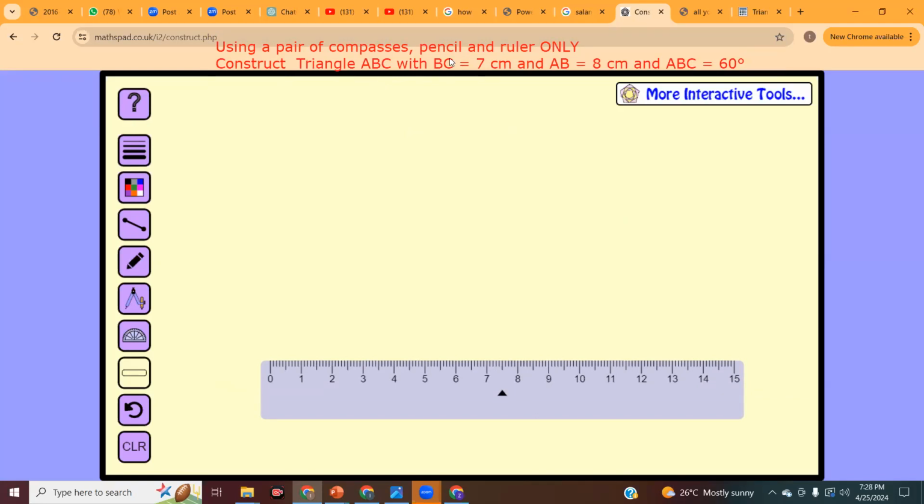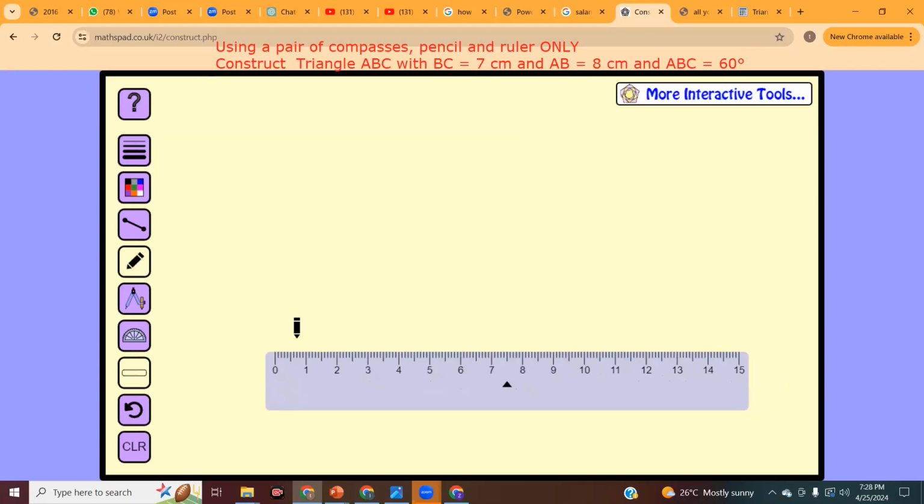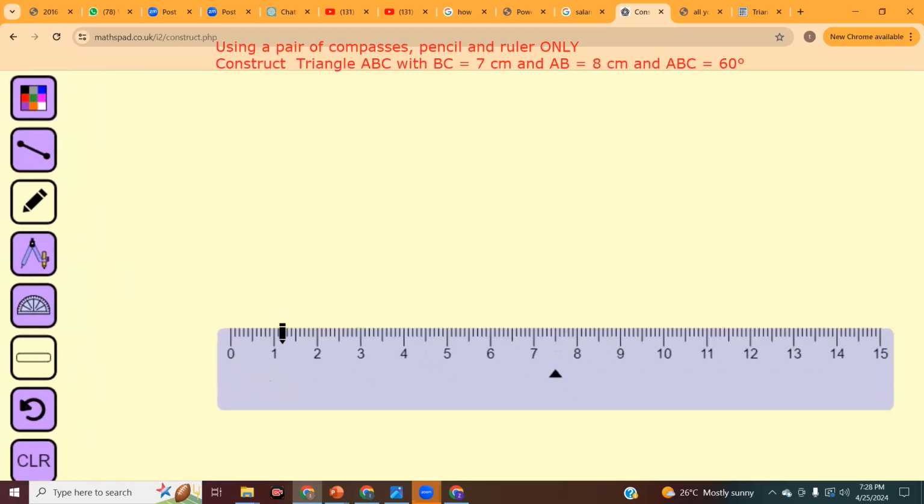Okay, so BC is going to be equal to 7 centimeters. So this is 0 to 7. BC is going to be 7 centimeters.